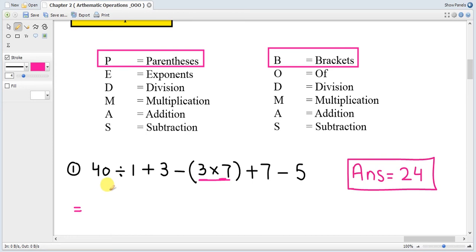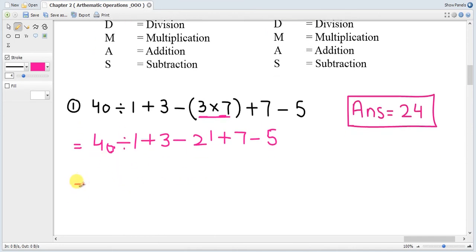We write the remaining equation as it is, which is 40 divided by 1 plus 3 minus, and 3 times 7 will give us 21. Write the remaining equation as it is, plus 7 and minus 5, right?